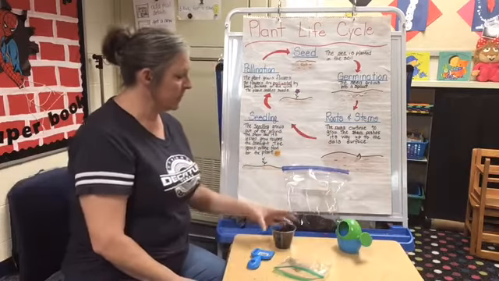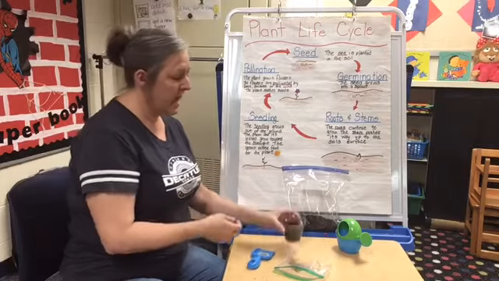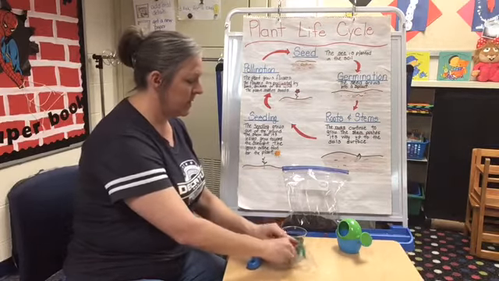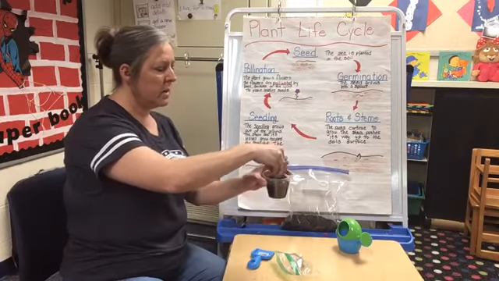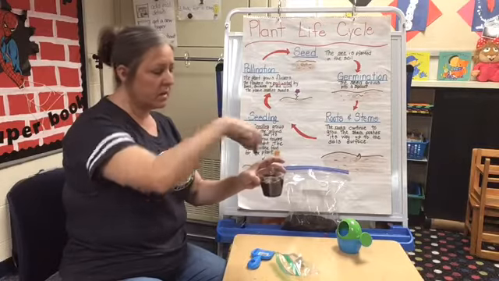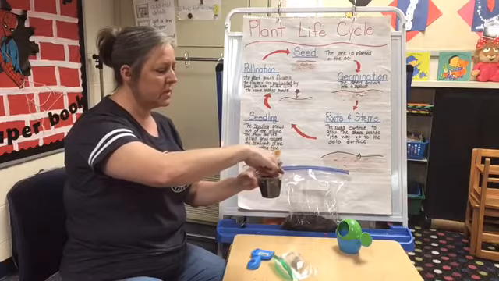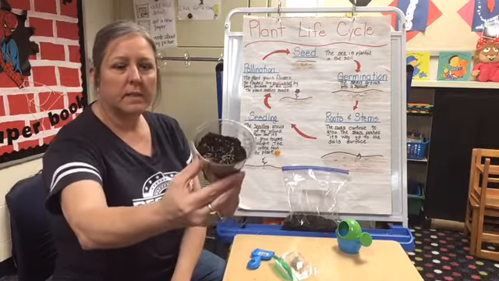So the first step we need is to put some soil into our pot. Next, we're going to take some seeds. We're going to sprinkle them all around on top of the dirt. I'm going to take my finger and give it a little stir, just to mix it into the dirt a little bit, just like that.